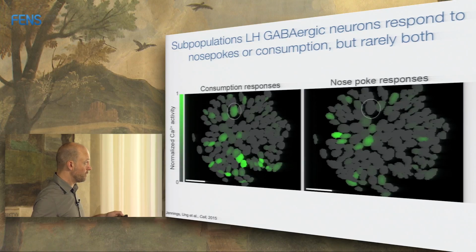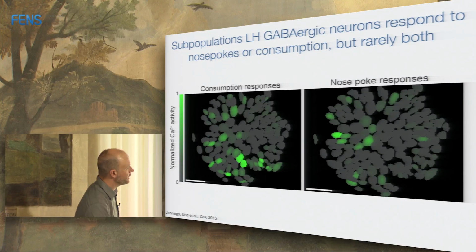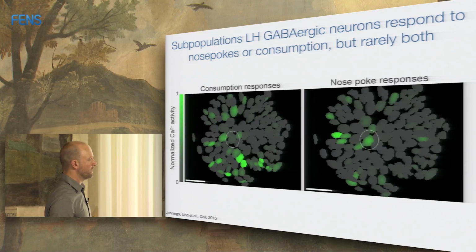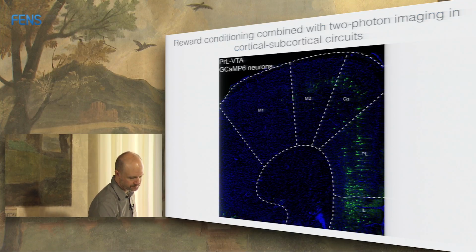We saw that individual neurons that were responsive to the consummatory events, when the animal was consuming the sucrose, tended not to respond to the nose pokes, and vice versa. If cells are responsive to the nose poke events, they're not really responsive to the consumption of sucrose. This really allows us to start picking apart the encoding properties of cells, but in a genetically defined context, since we were just recording from one subpopulation of neurons.